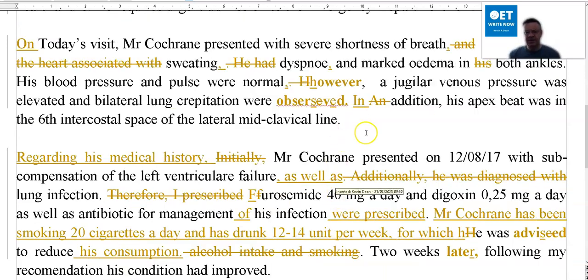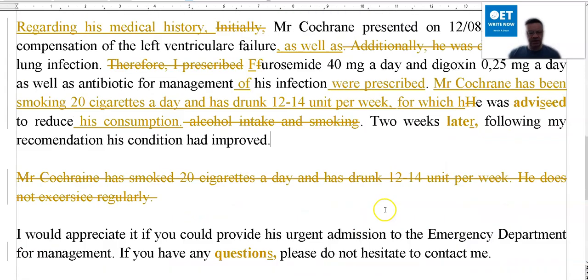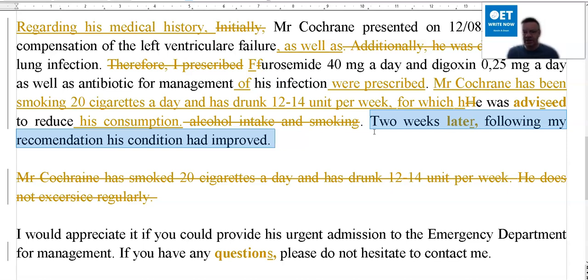But then it says, 2 weeks later, his condition had improved. So this sentence here, condition had improved. Well, if it improved, why did he come in again today? What happened? I thought you said his condition had improved. So you would need to either take that sentence out or put something else in.